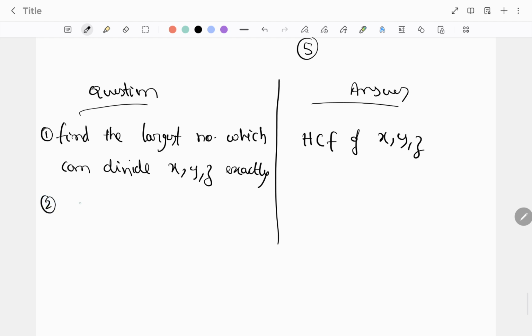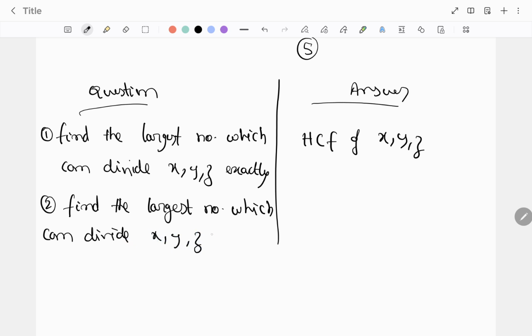Second one, find the largest number which can divide x, y, z and leaves remainder r in each case.